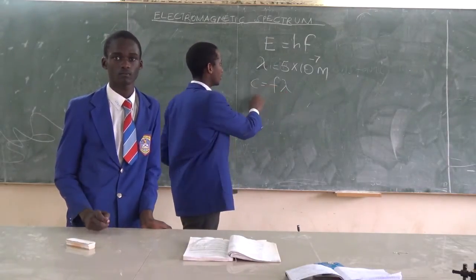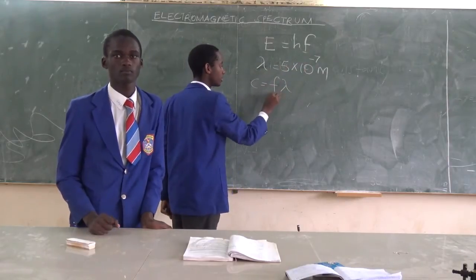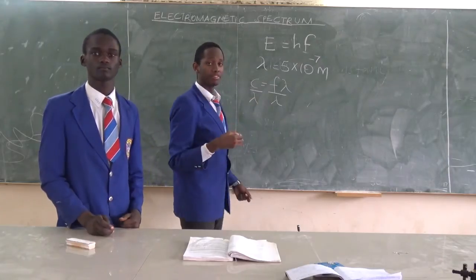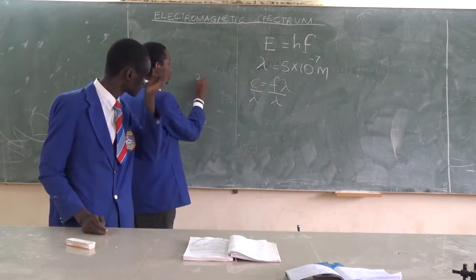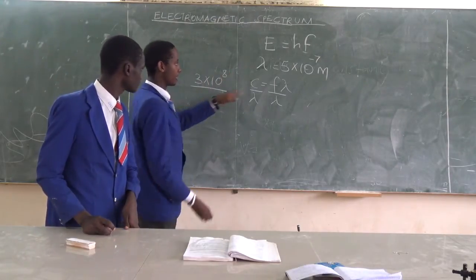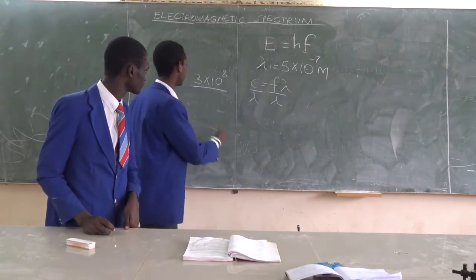So we can always find the frequency. We divide both sides by lambda and make f the subject of the formula. We can find it by saying 3 × 10^8 divided by this wavelength, which is 5 × 10^-7.